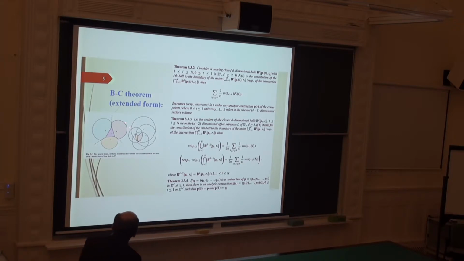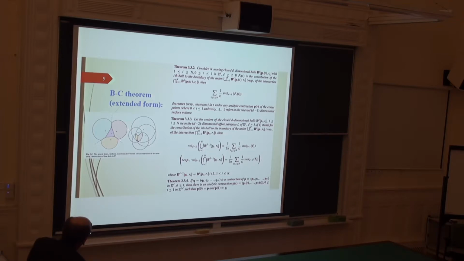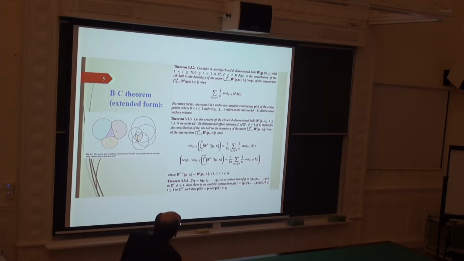And when we look at, say, a union of balls, each ball contributes to the boundary of the union along some set which we label by F sub i. So F sub i is the contribution of a ball to the boundary of the union, which has some surface area. We put it down and weight it with the reciprocal of the radius of the actual ball. And in this way, we get a weighted surface volume.